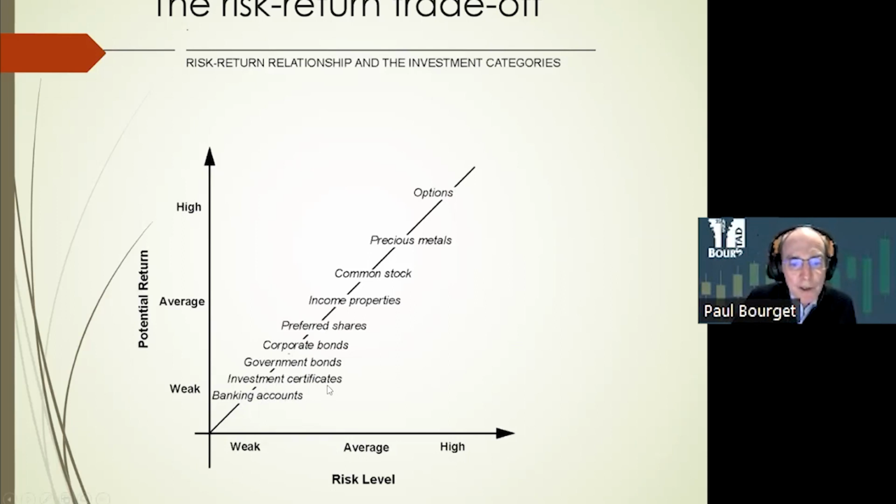Investment certificates are a little higher, then government bonds, corporate bonds, preferred shares, income properties, real estate, common stock, precious metal, options, all the way up. Here I must mention that we do not take into account what happens when you build portfolios.